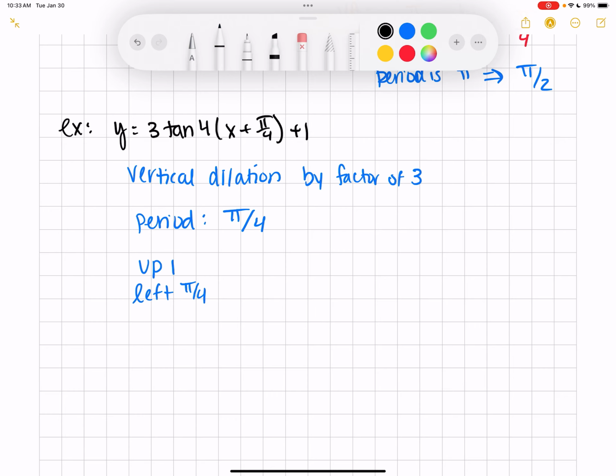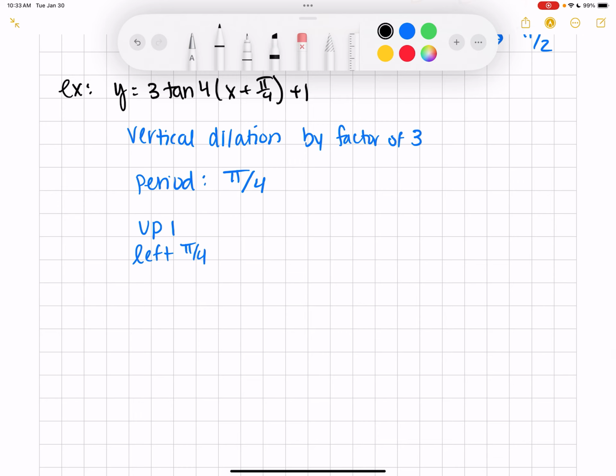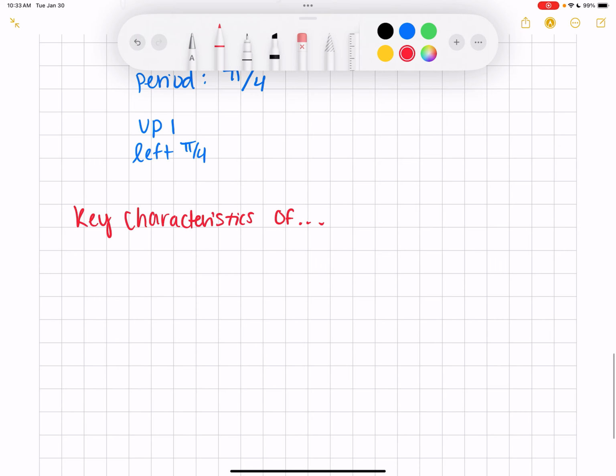All right, so key features or key characteristics, we'll start out with secant.